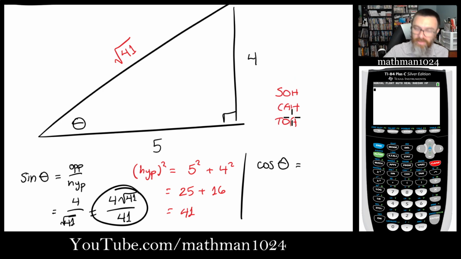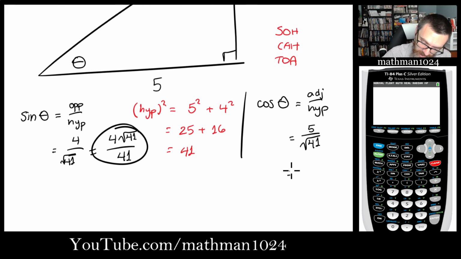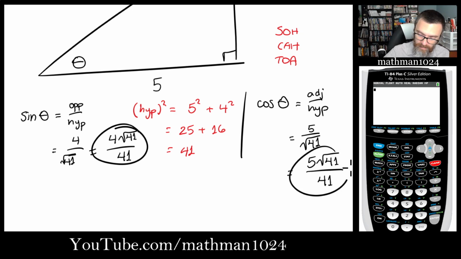Cosine, again, using their little acronym here, A over H. So that would be the adjacent side over the hypotenuse. So the adjacent side is 5. The hypotenuse we already figured out was square root of 41. Again, rationalize your denominator. So this becomes 5 square roots of 41 over 41. There's my cosine.